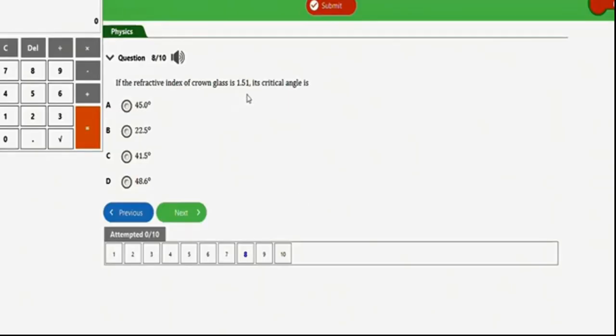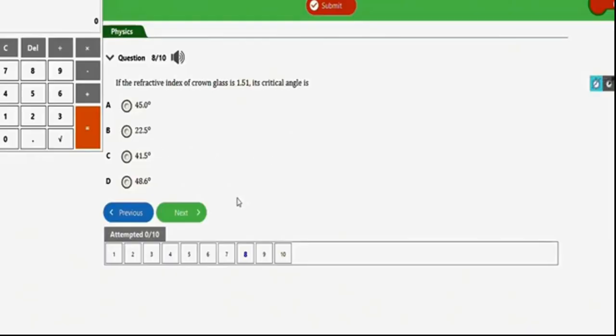But here the option that is closest to it is 41.5. So the way we solved that first question, the same way we solve this one. Alright, so you get 41.5 degrees when you apply the same method. Okay, so that's it for this question.